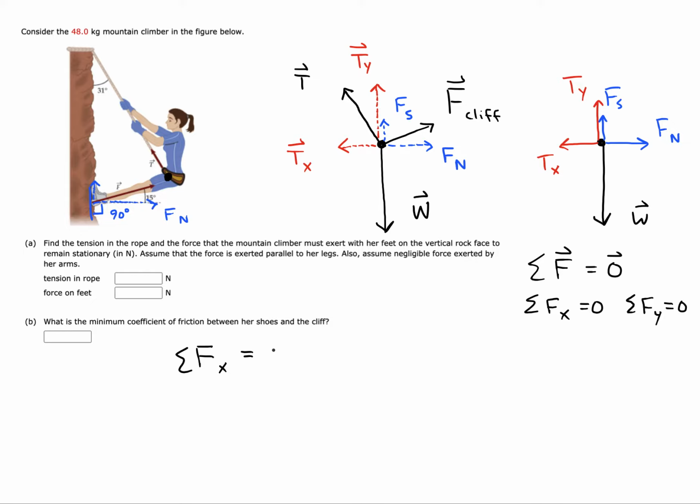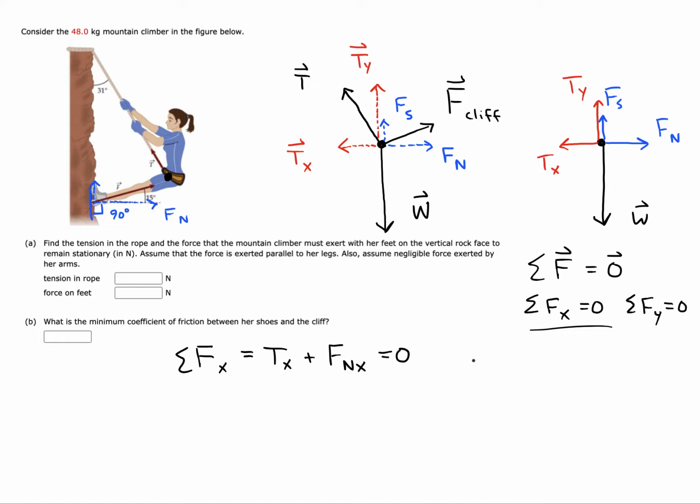That's going to be Tx plus, I'll call it Fnx. Okay, it just means in relation to the x-axis. And we want to set that equal to 0 because that is part of the conditions of equilibrium.